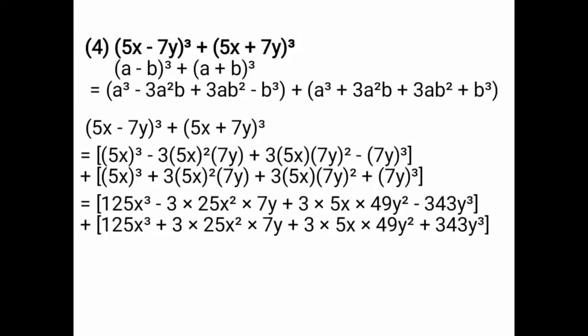In 3a square b, the square of 5x is 25x square. In 3ab square, the square of 7y is 49y square. That is 3 into 25x square into 7y plus 3 into 5x into 49y square in both the brackets.